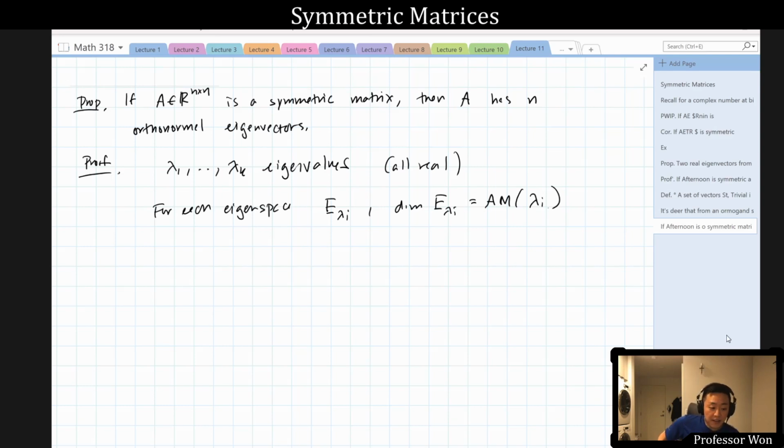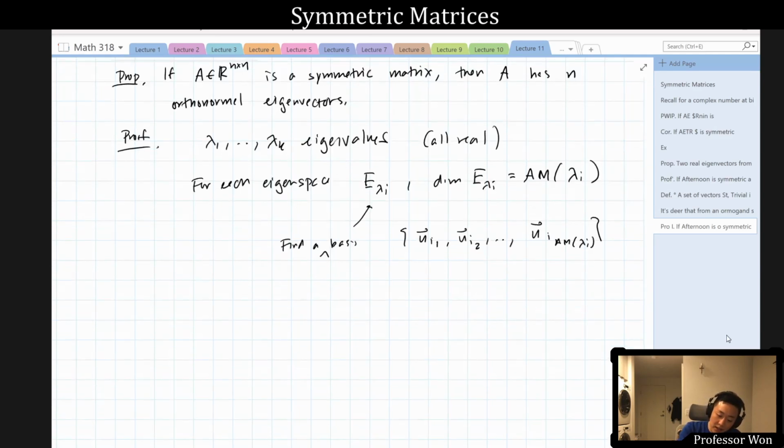So then we can find a basis for this thing, u_i1, u_i2, and the last one will be u_i,am(lambda_i). Basically, all I'm saying is you can find a basis for this eigenspace, and then you can make it orthonormal. So we might as well assume that we can find an orthonormal basis by using the Gram-Schmidt algorithm.